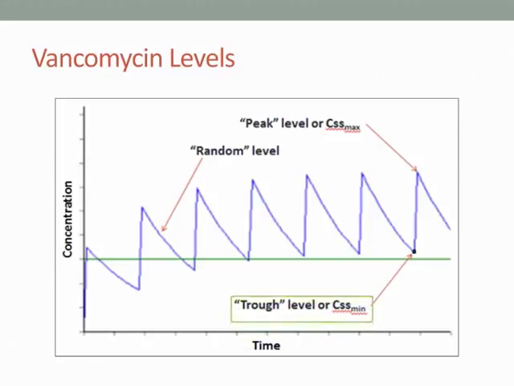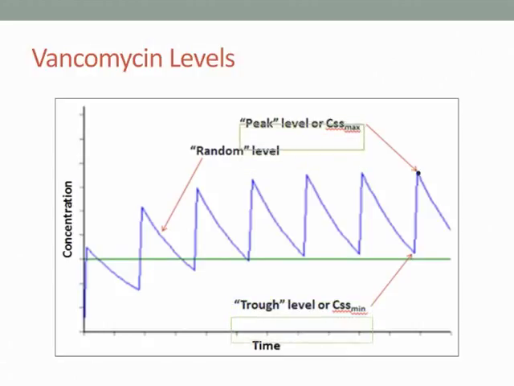A trough level is the lowest concentration that the drug reaches at steady state and is measured just before the administration of the next dose. The term trough level is synonymous with minimum steady state concentration and abbreviated CSS-min.